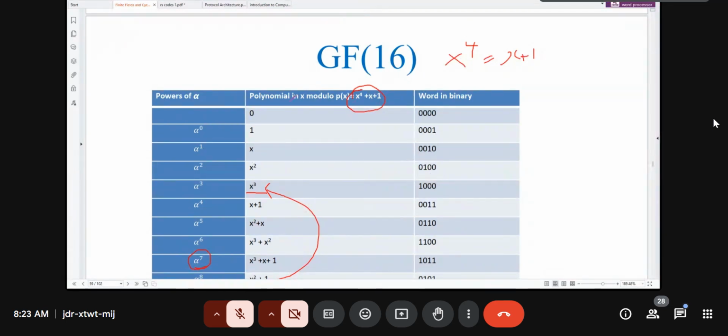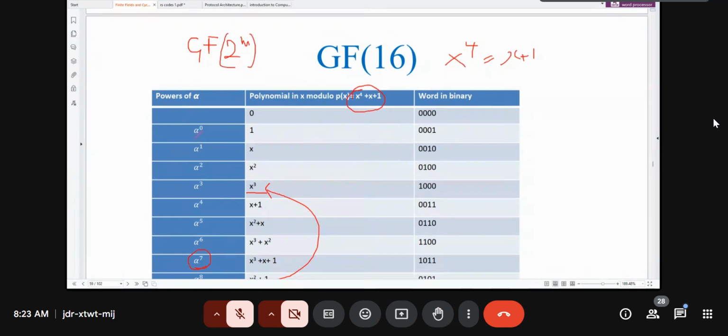Remember, GF16 is simply GF2, because we are dealing with binary, to the m, so m here is equal to 4.